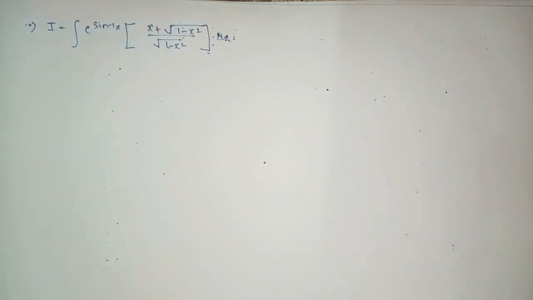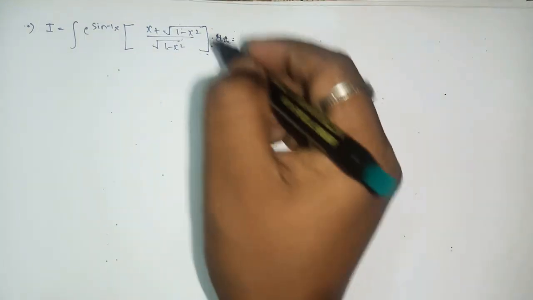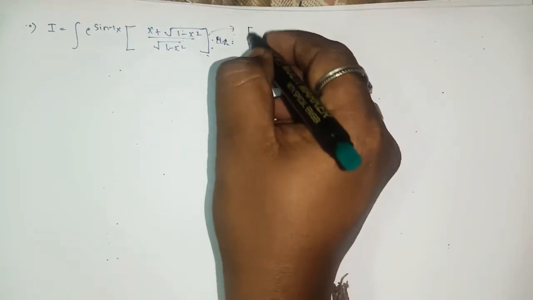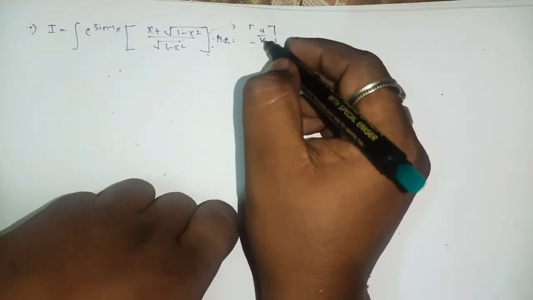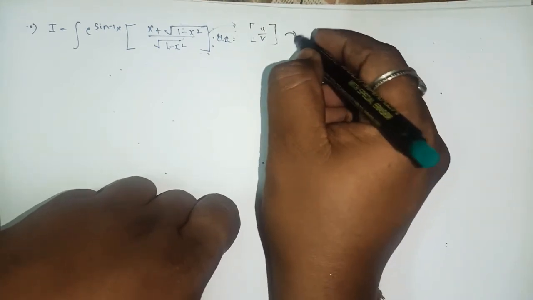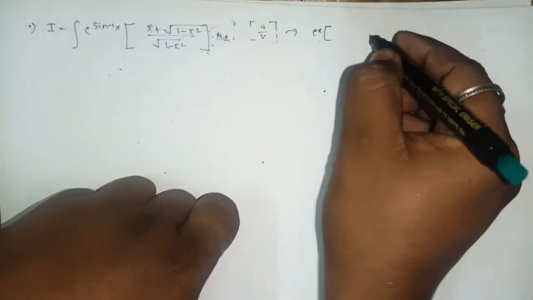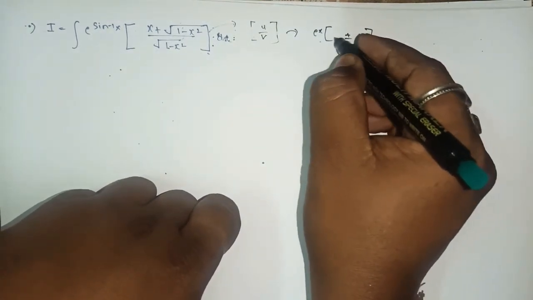Here we have I equals the integration of e raised to sine inverse. Inside the box we have the format in the form of u by v. So we know that we have to split this u by v in such a way that inside the box you get two functions.